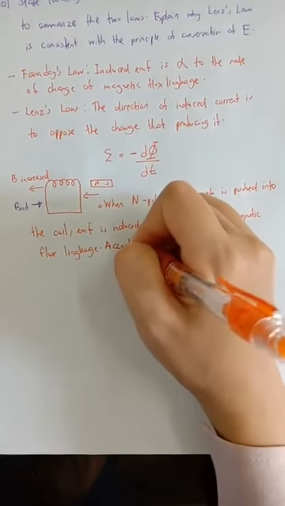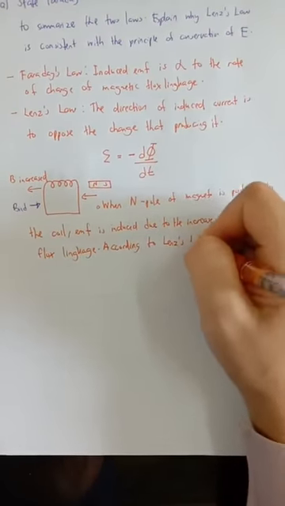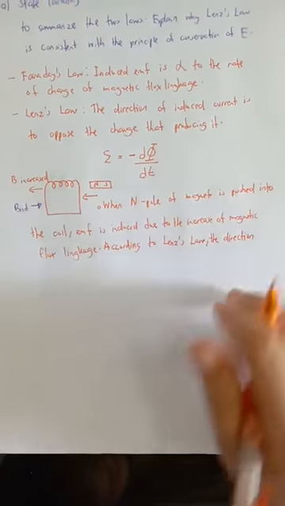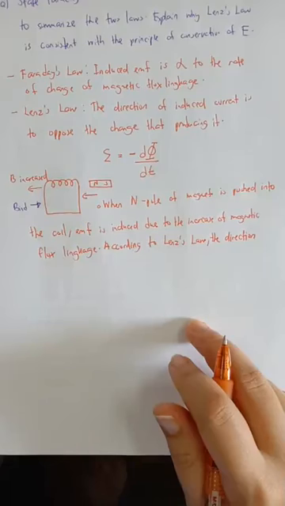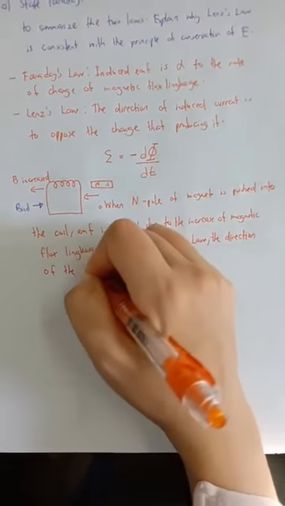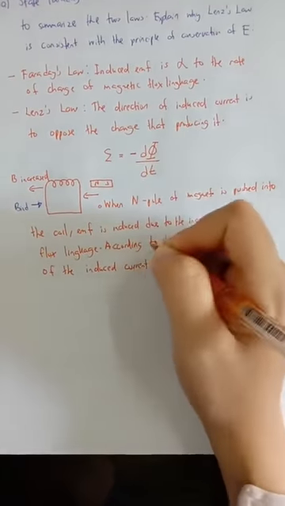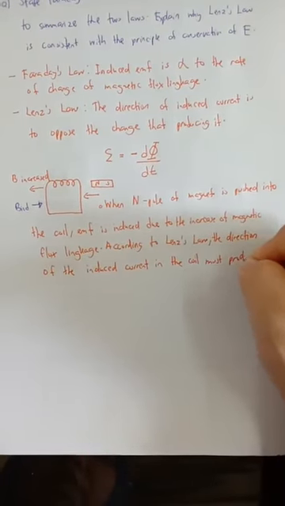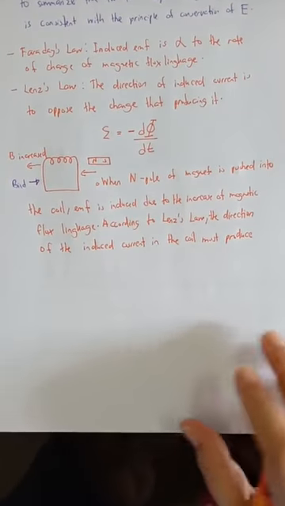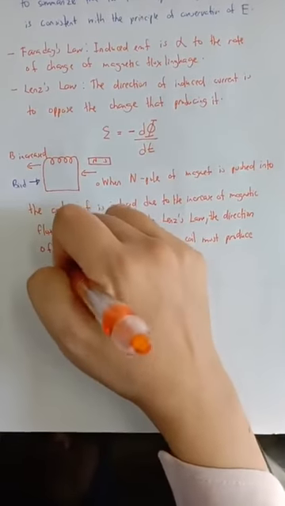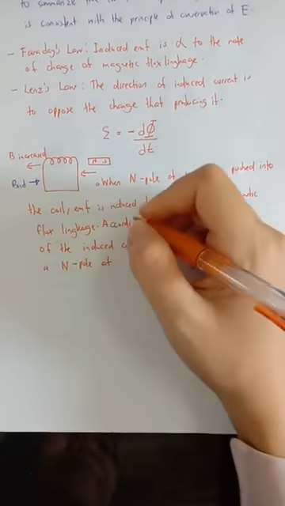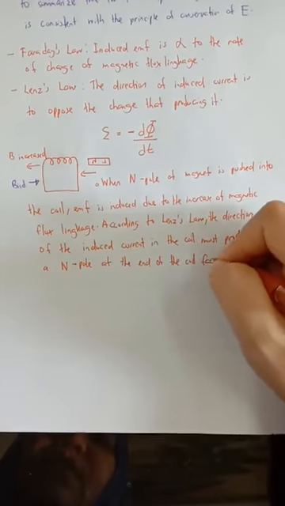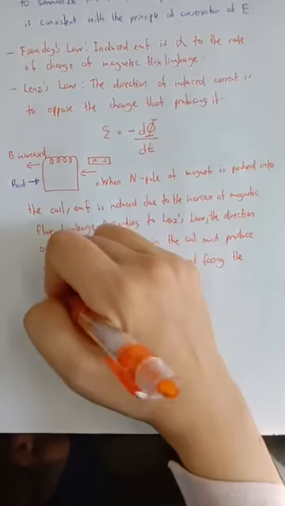According to Lenz's law, the direction of the induced current in the coil must produce a north pole at the end of the coil facing the magnet.